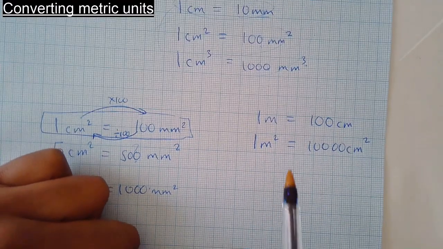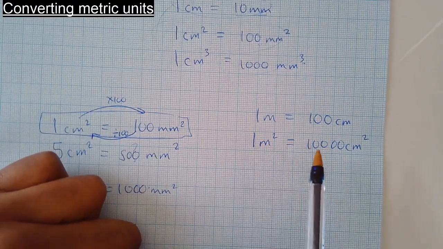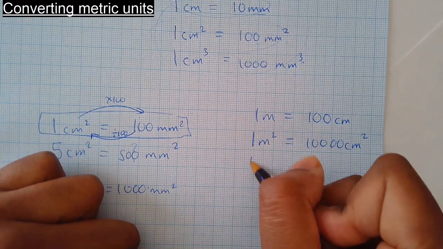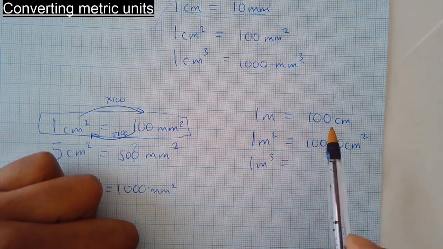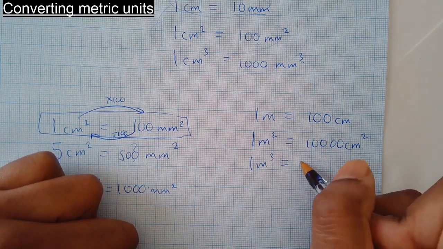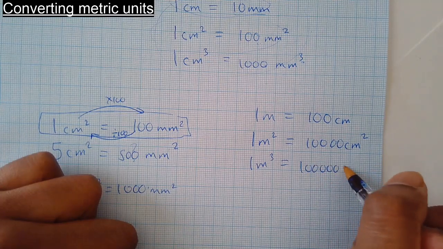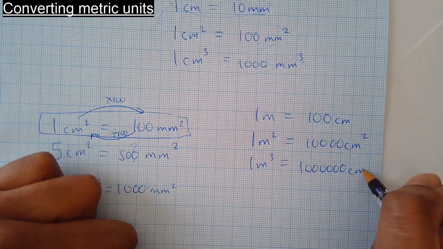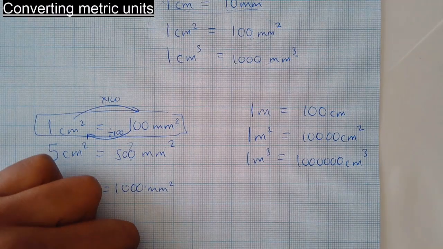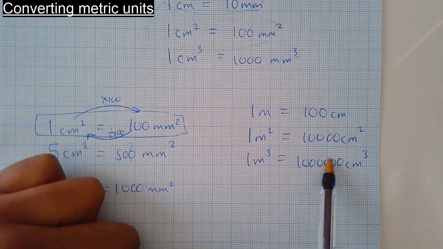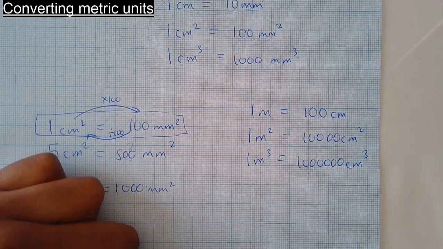There you go. So 1 meter squared is equivalent to this. And then 1 meter cubed, will you do 100 to the power of 3? Okay, so you can use the appropriate unit depending on what kind of calculation you have to do.